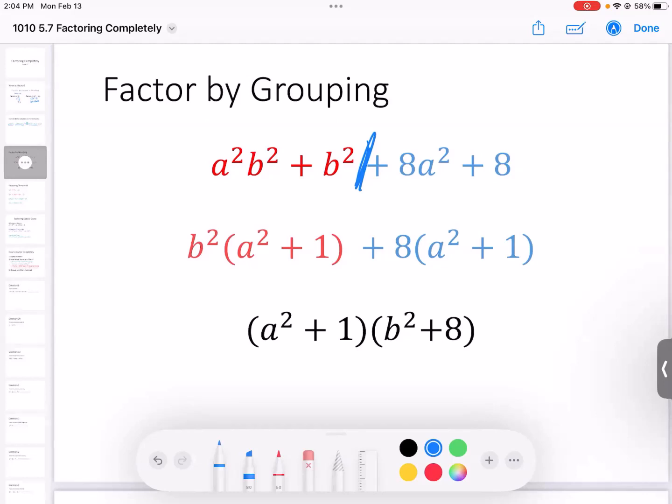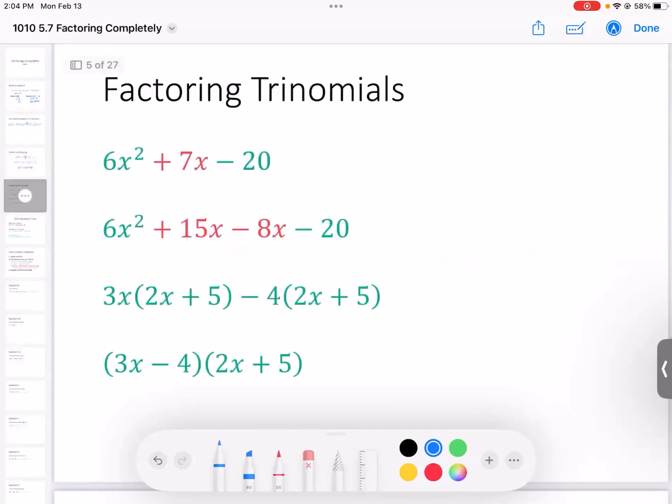Okay. And then the next thing we learned about was factoring trinomials. So factoring trinomials is when you have something with 3 terms and you multiply the first and last term. So like you'd go 6x squared times negative 20 gives you negative 120x squared. And then you look for 2 things that multiply to this and add to this. So in this case, 15 times negative 8 equals negative 120.